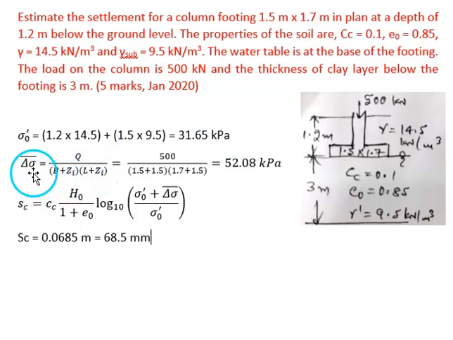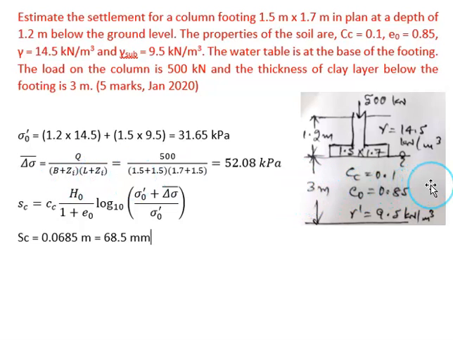Then here the delta sigma dash value is not given, but the total load that is coming onto the footing is given, which is 500 kN. So using the 2:1 approximate method, we can estimate the increase in stress. The increase in stress is equal to the total load divided by the area on which the load is acting.